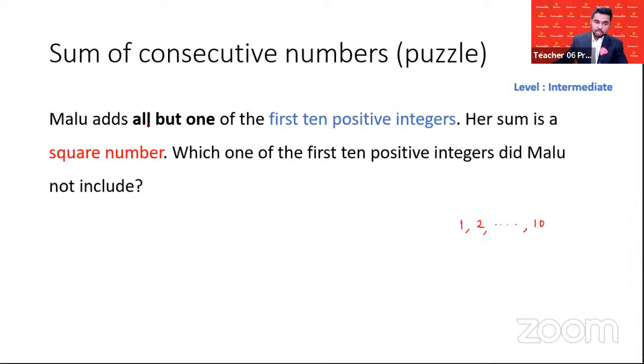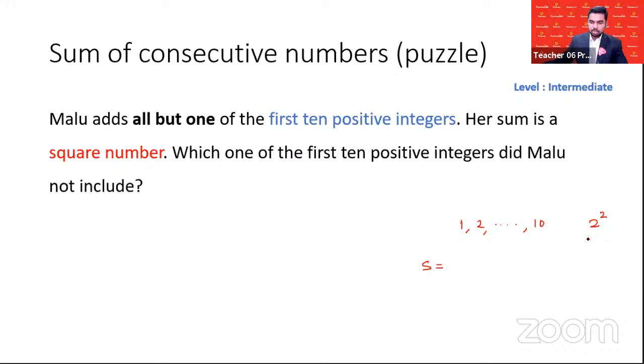Now, she has forgotten to add one of the numbers. But the sum, she got it to be the sum of all the first 10 integers except one. She has got it to be square of some number. You know what is square of a number?